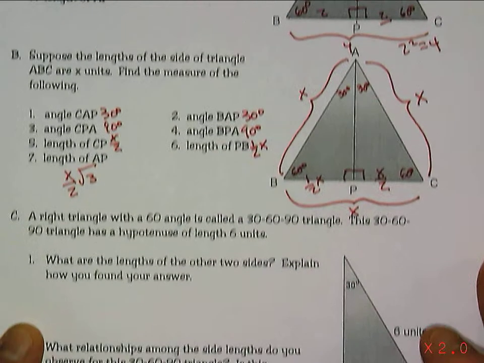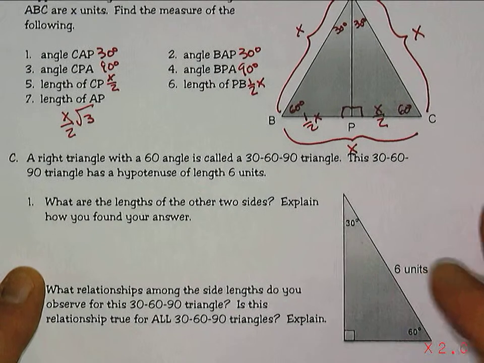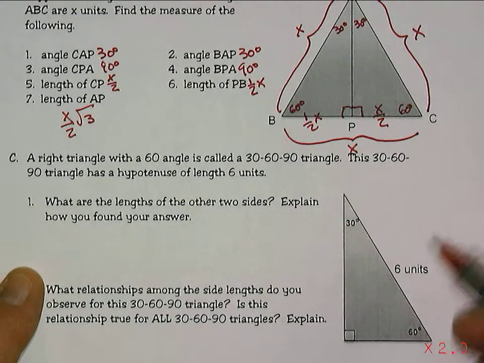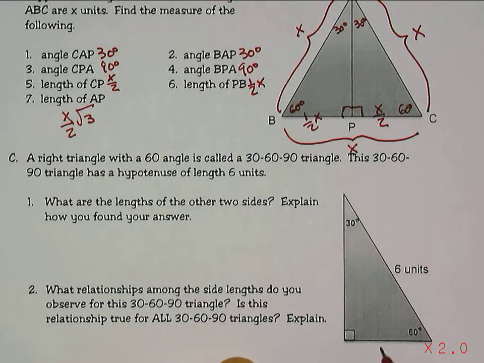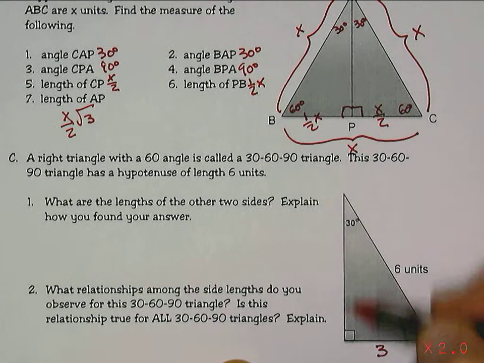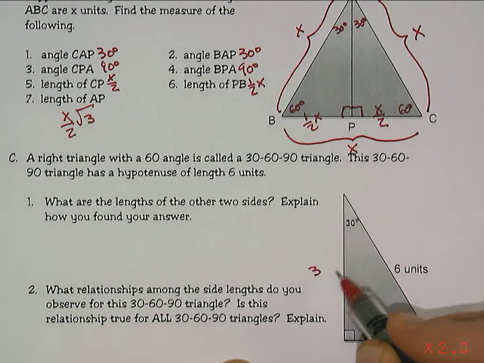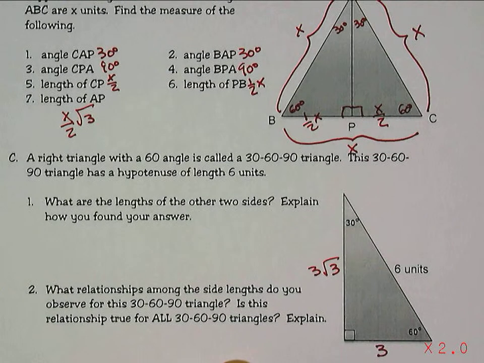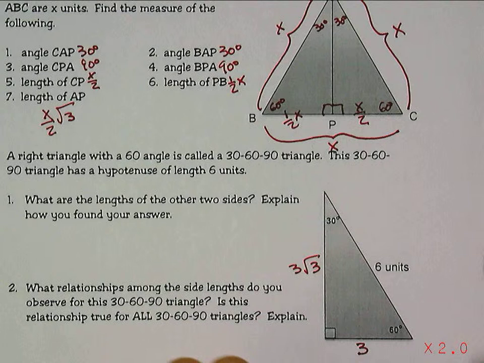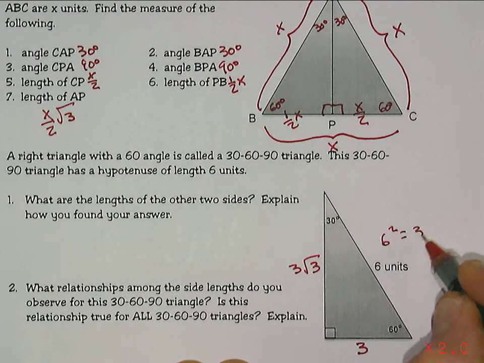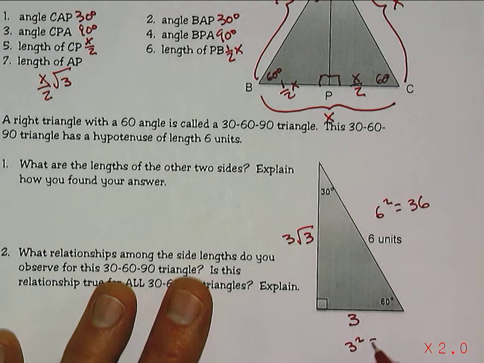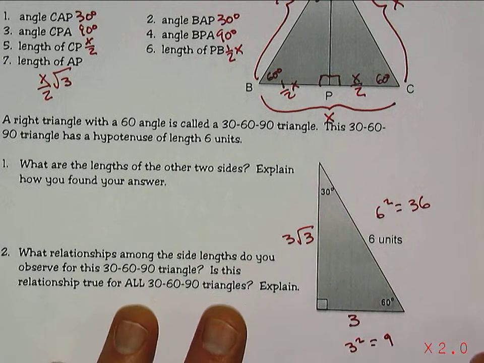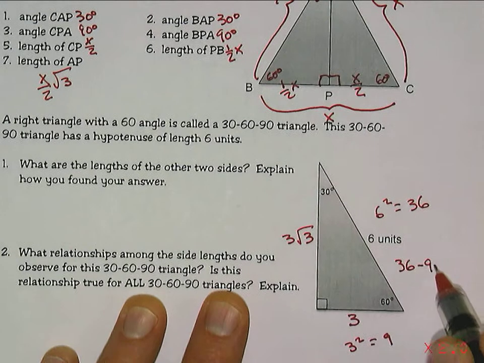Let's look at one more example, and this time we've eliminated the other half of the equilateral triangle, which would be out here, and just said we start with this length of 6. We know this one is half as much, so it would be 3, and that this other leg would be this factor 3 times the square root of 3. And we could actually prove that. If we take 6 squared, which is 36, and 3 squared, which is 9, and take 36 minus 9, that's 27.